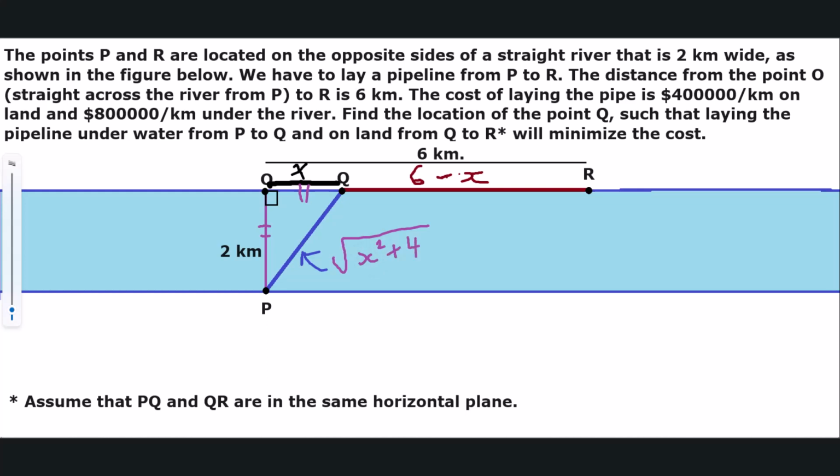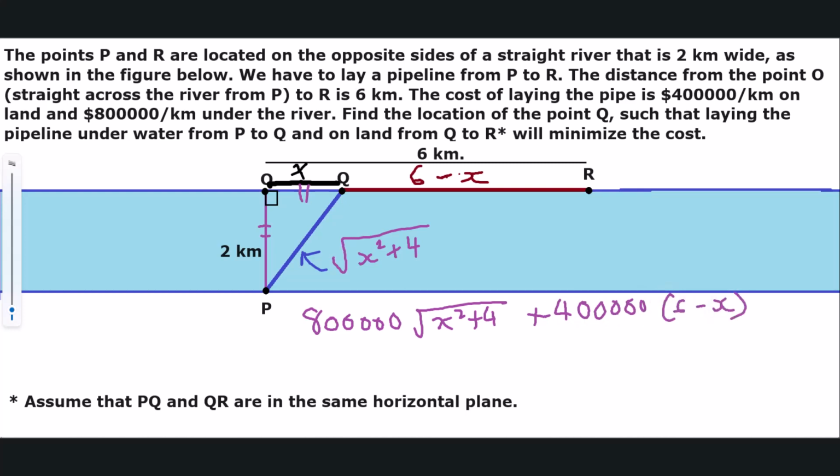So what we have to do is minimize this cost, that is 800,000 along this line, and 400,000 along the rest.